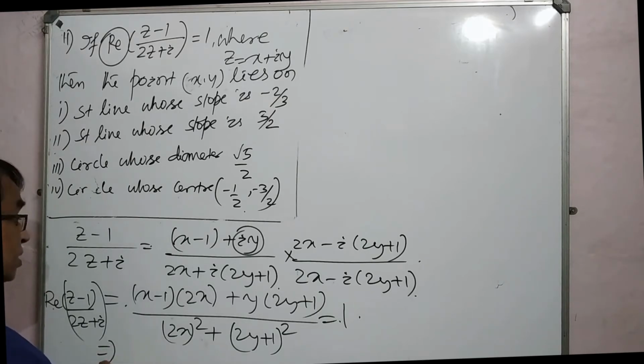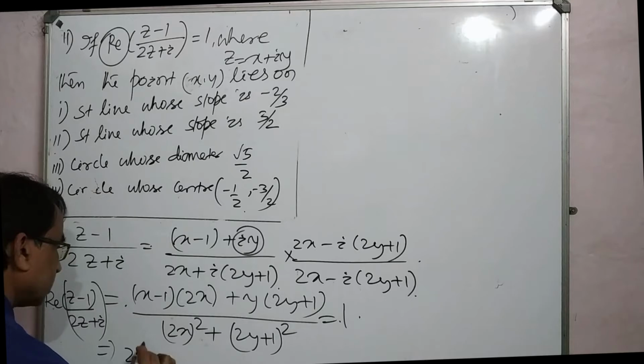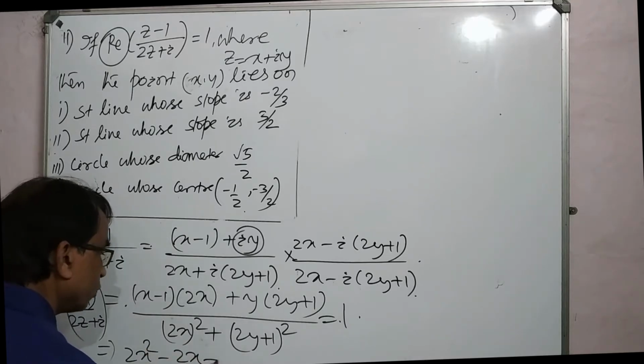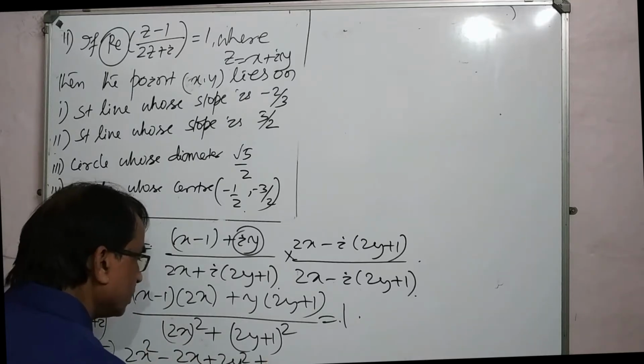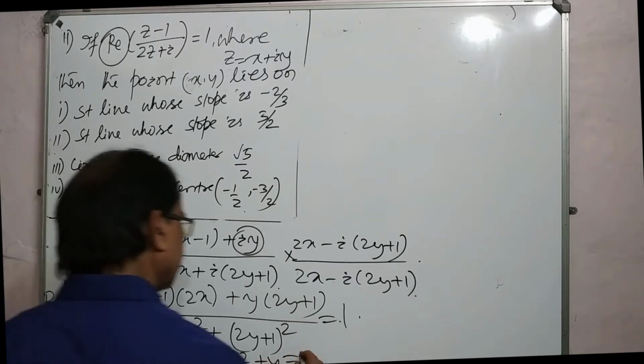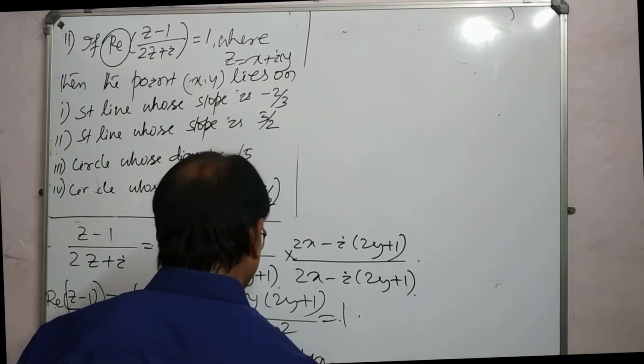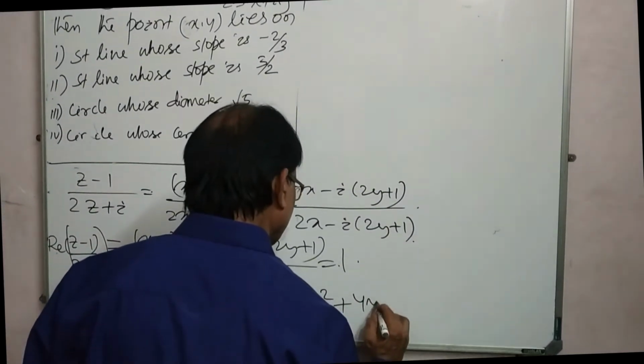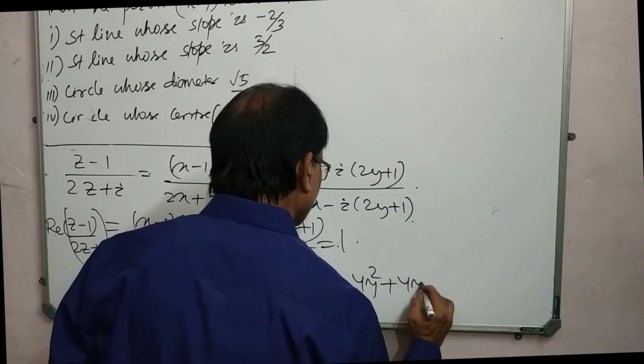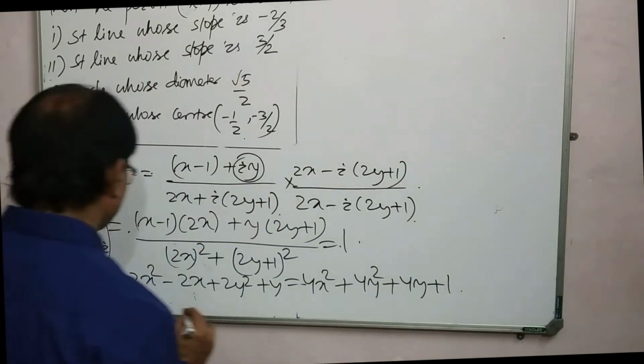If you simplify, what you are getting here is 2x squared minus 2x, 2y squared, y, and it comes over 4x squared, 4y squared, 4y plus 1.